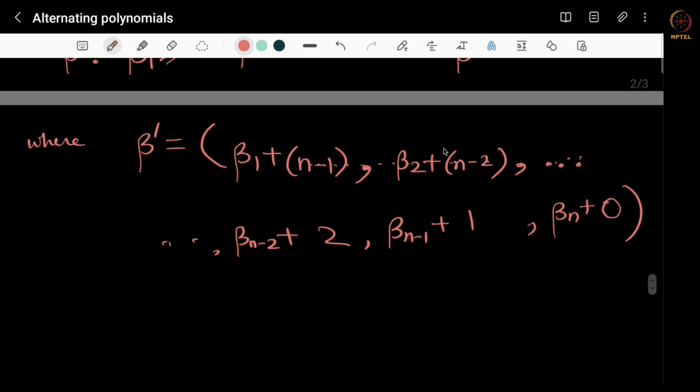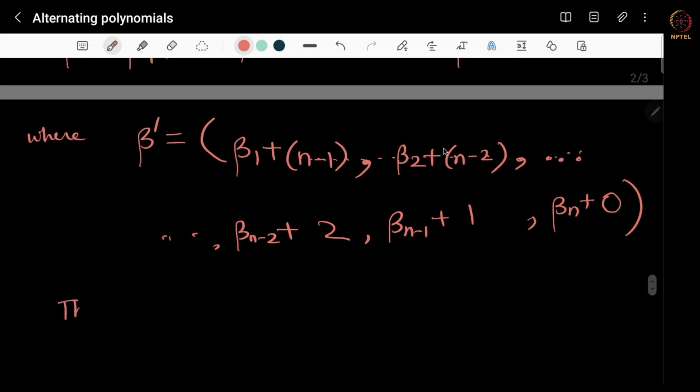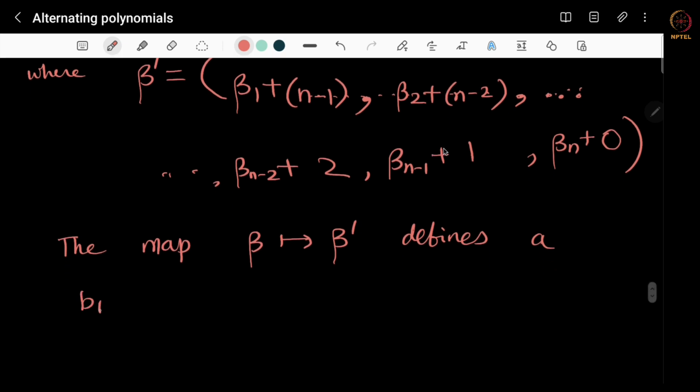So this map, beta going to beta prime, defines a bijection from the set of weakly decreasing n tuples to the strictly decreasing n tuples.